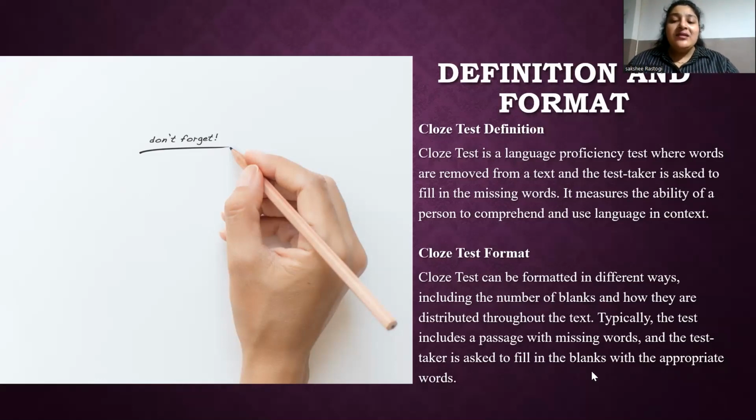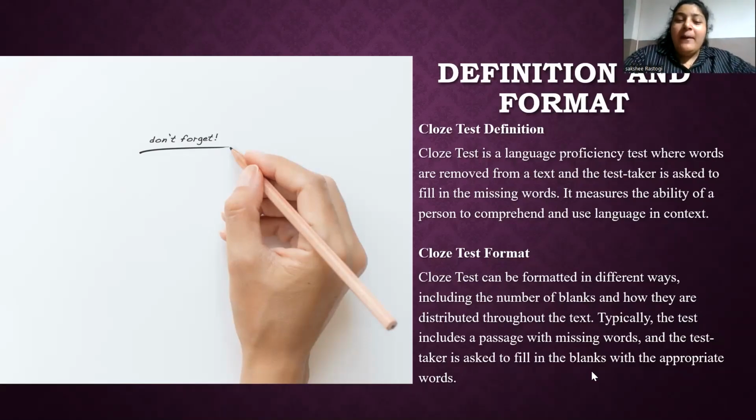A closed test is a language assessment tool that presents a passage with deliberately removed words or phrases. It requires the test takers to fill in the blanks with the appropriate words or phrases. It also evaluates language learning skills such as reading comprehension, understanding the main idea and supporting details.